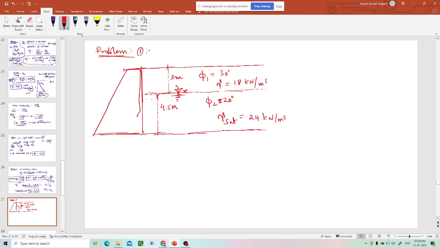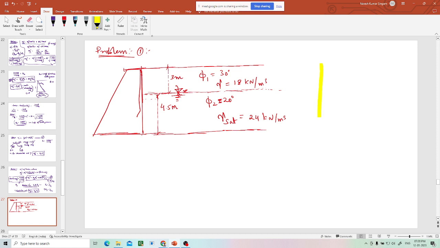Now I have to find out horizontal earth pressure at every depth. Because sigma v changes from one depth to another, since sigma v is nothing but gamma into h, you will have a diagram. Suppose I have to draw it roughly.